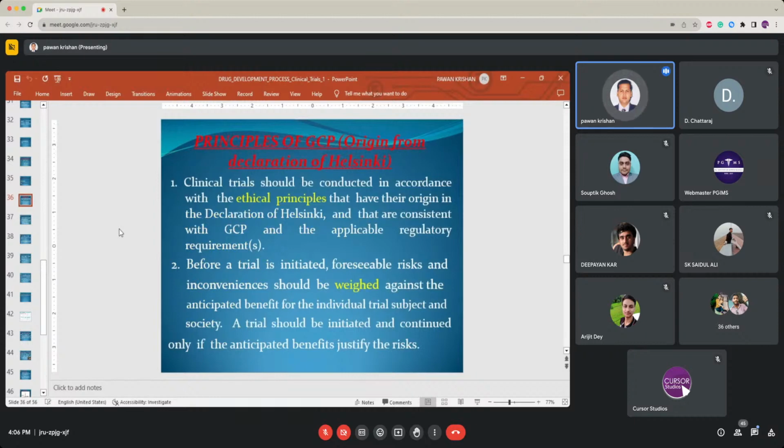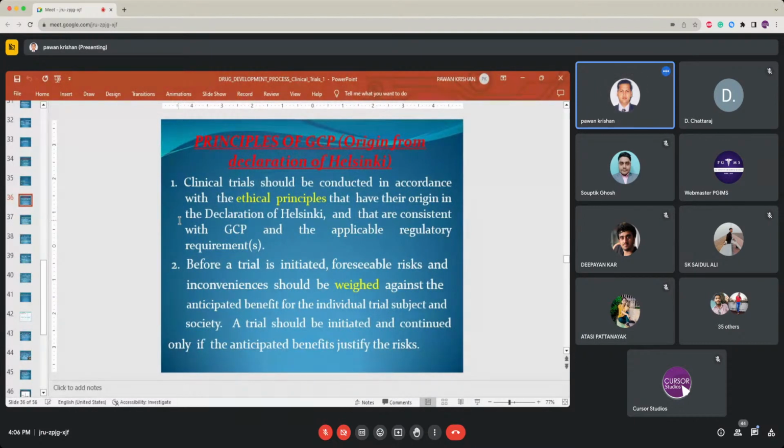So there are some principles of good clinical practice for conducting clinical trials. I don't want to discuss in much detail because it will be very lengthy, but briefly I will just go through that they have a background which originates from the Declaration of Helsinki. You must have heard of the Declaration of Helsinki.